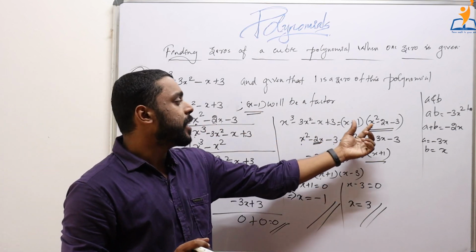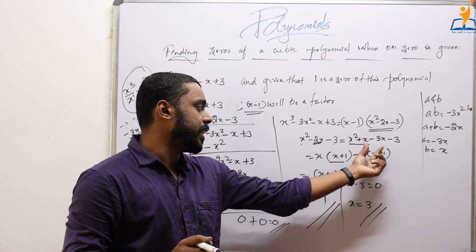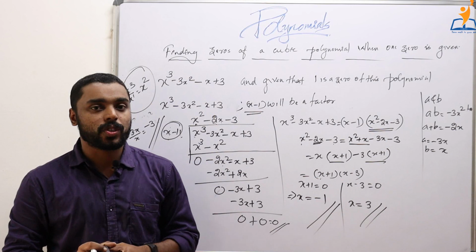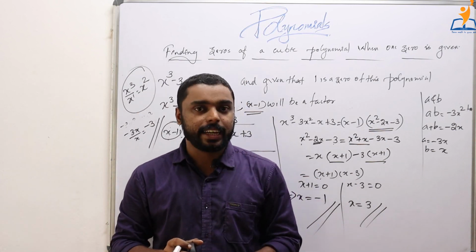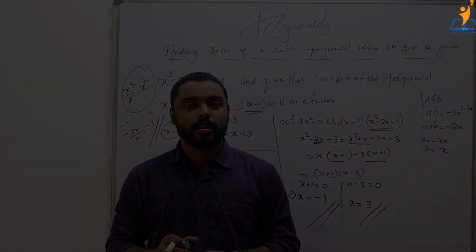After obtaining the second degree factor, just split the middle term of the second degree factor and find the other two zeros. It is the process of finding the other two zeros of any cubic polynomial when one of its zeros is given.